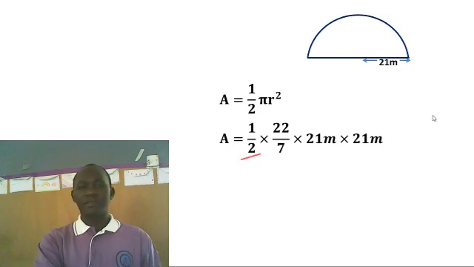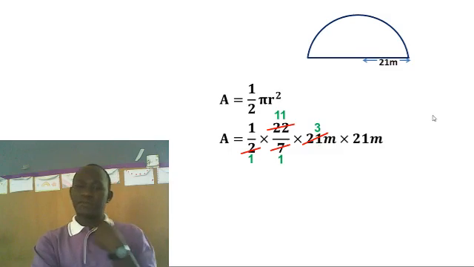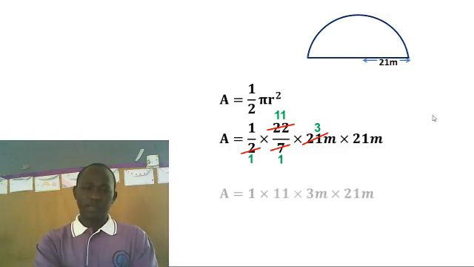Let's divide. 2 divided by 2 is giving me 1. 22 divided by 2 gives me 11. Then 7 divided by 7 is 1. Then 21 divided by 7 gives us 3. In other words, we have 3 sevens in 21.